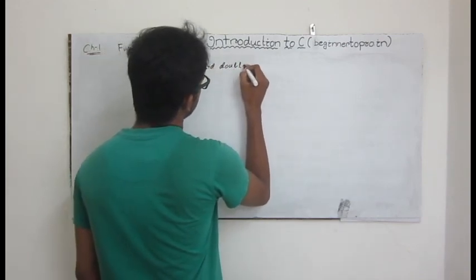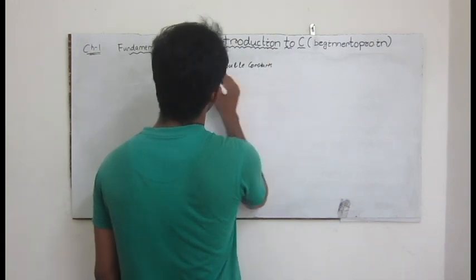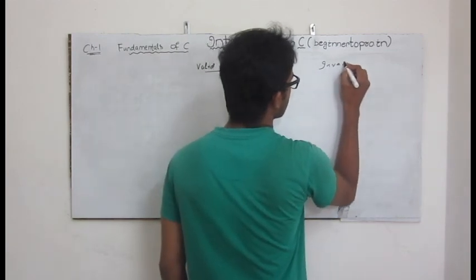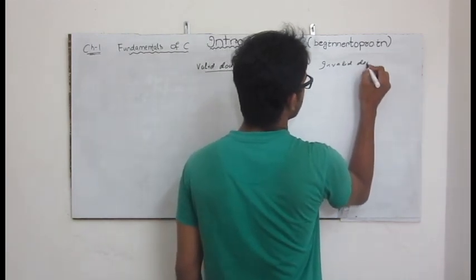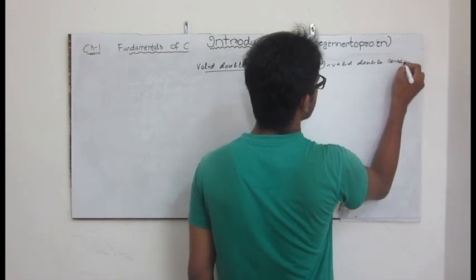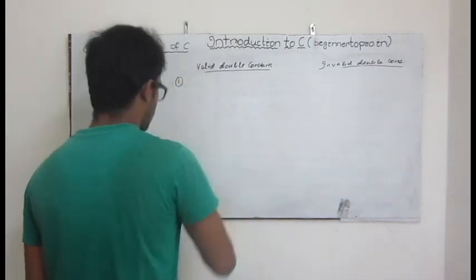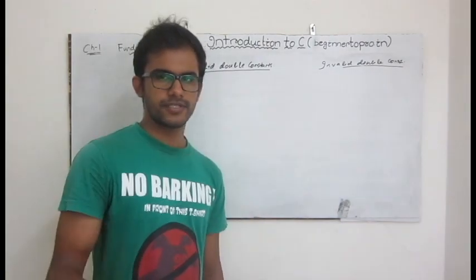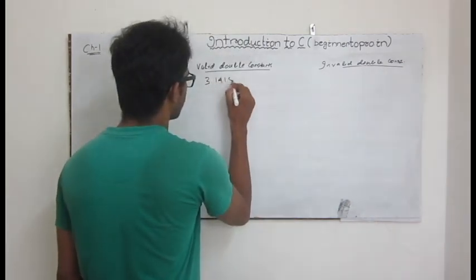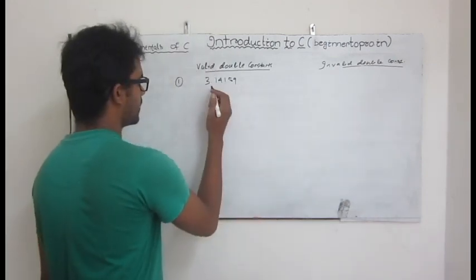Valid double constants and invalid double constants. Okay, so the first example is 3.14159. It is valid because this is of double type.